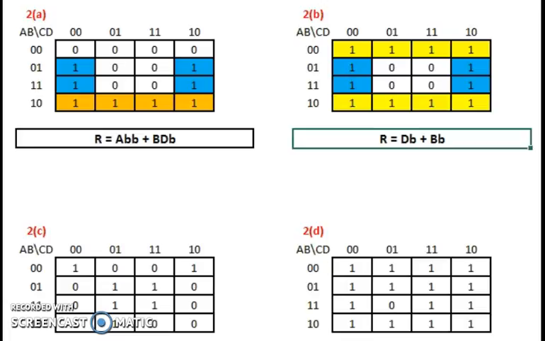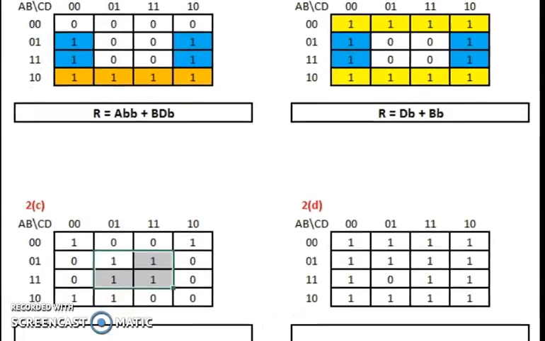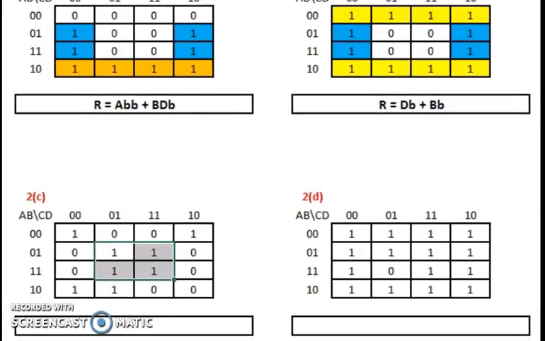Okay, then we move to 2C. So you will obtain this truth table, this K map. Okay, alright, so the first group which I want to group together is this first 4. Okay, so this will become one group.